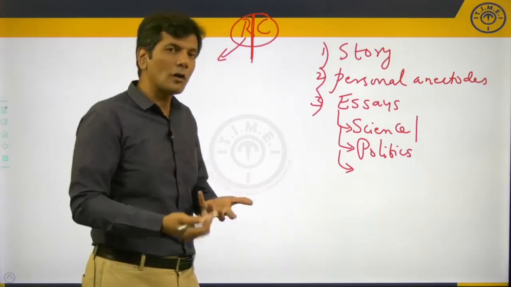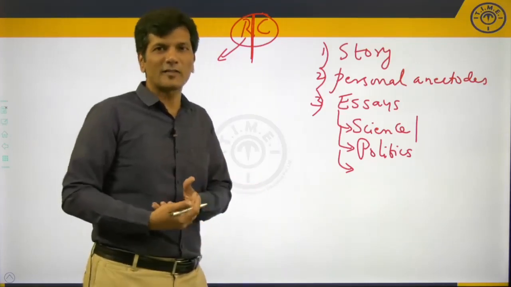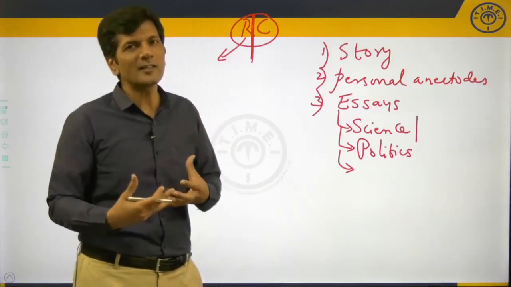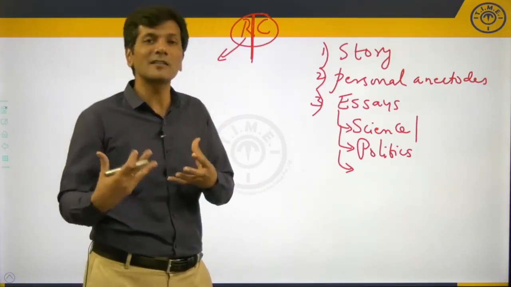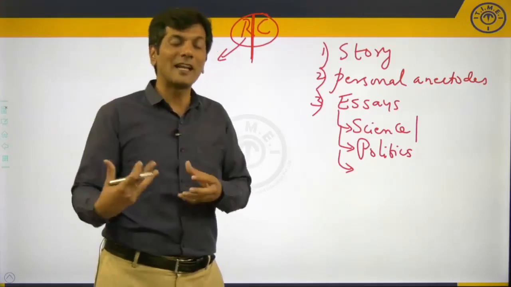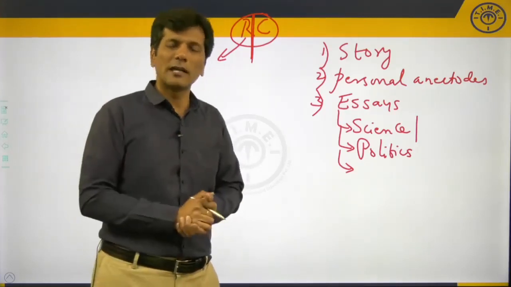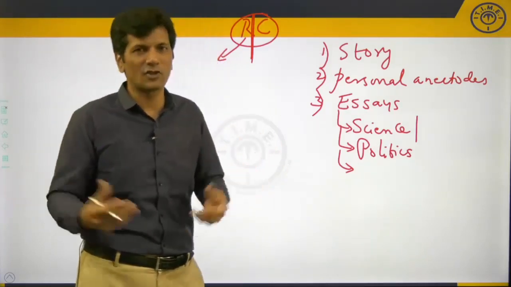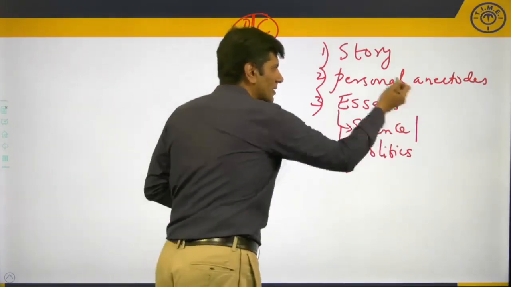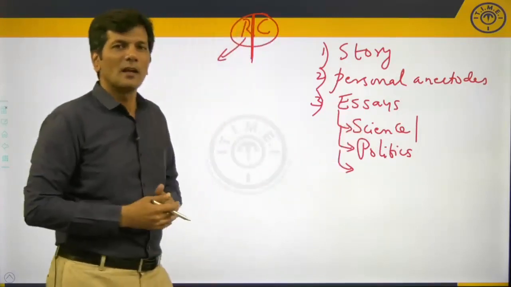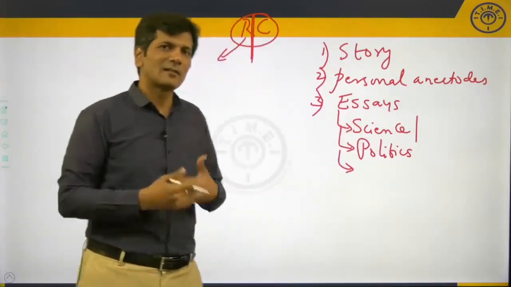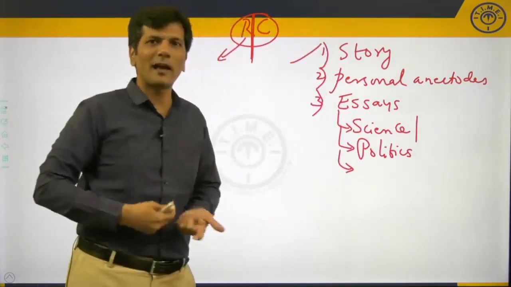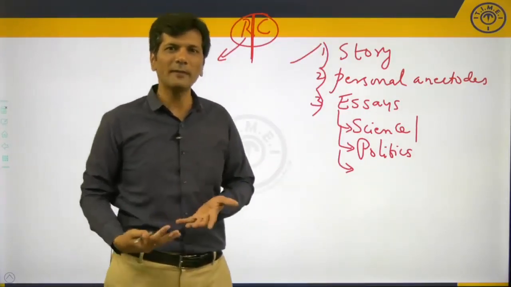Or these could also be extracts taken from certain articles from certain magazines, where the writers are expressing their understanding or their analysis of a particular issue that is probably currently happening. So your context could be any of these, which means that sometimes your context could be easy to read and also easy to comprehend.